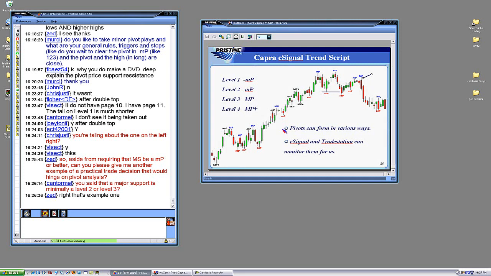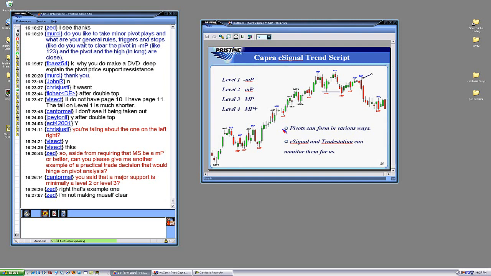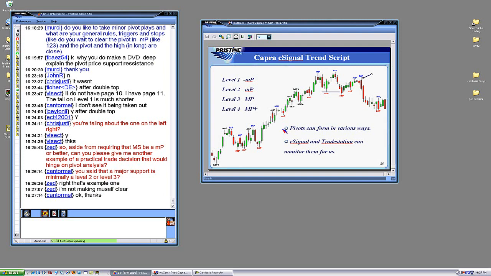That's correct, Cantermel. Major support is at a minimum a level 2. It can be a level 2, 3, or 4. And let me read this again then. Aside from requiring that major support.